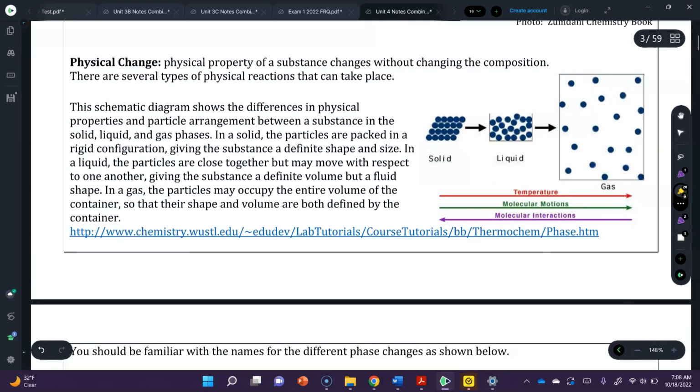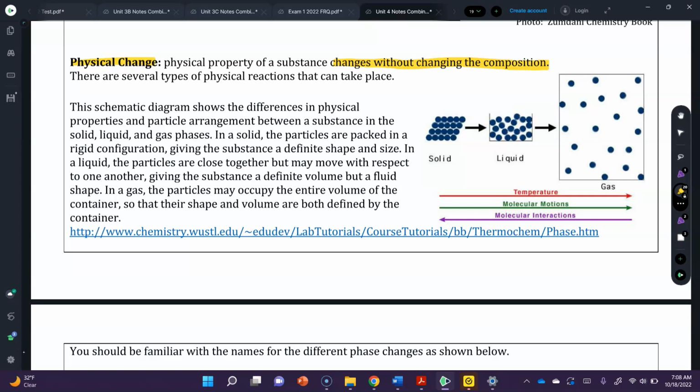So, distinguishing between physical and chemical changes, you should understand that with physical changes, you can change the substance without changing the composition. So it's still the same chemically, but how it is physically present has been altered.